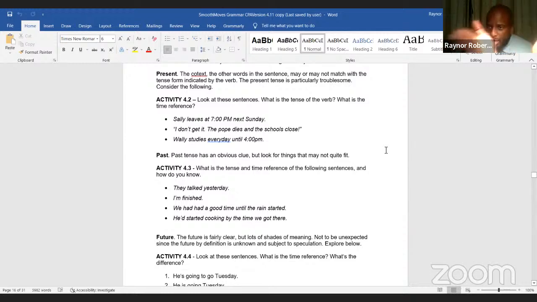All this stuff happened in the past. You had a past event that stopped in the past, and then something else in the past occurred, the rain. So when we say "we had had," instead of just saying "we had a good time," you're emphasizing the breakpoints of different events that started and stopped in the past, to emphasize that this is a bummer.